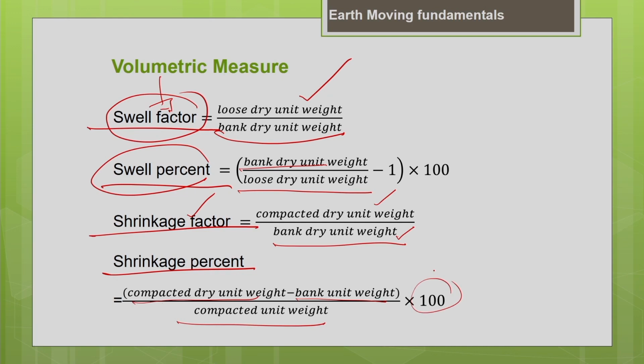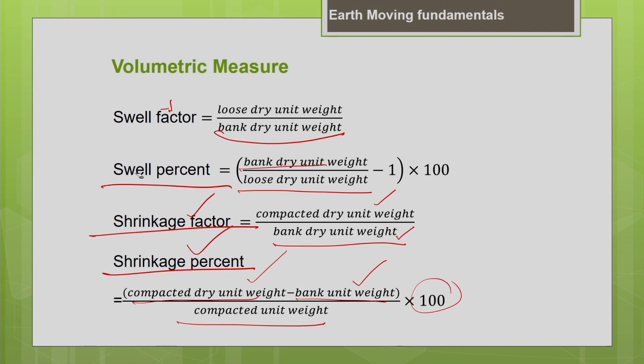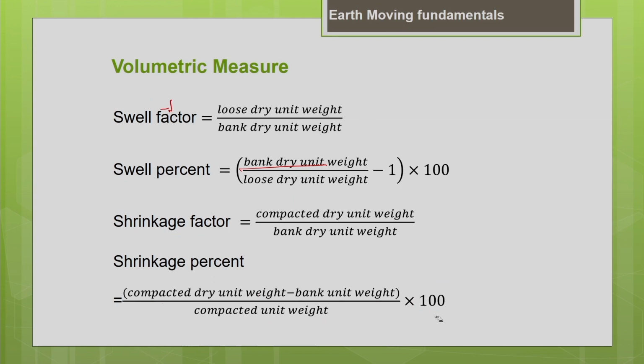So this gives you the shrinkage percentage. If you know the bank unit weight, but don't know its unit weight after compaction, then depending upon the material type, if you know the shrinkage percentage, you can calculate the compacted unit weight of the material. So this helps you in simple conversions for your estimations of volume and productivity.